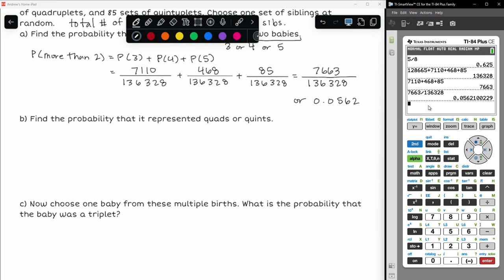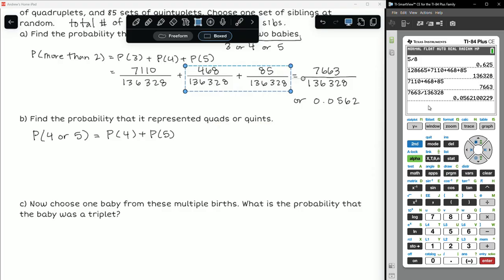Okay, next one says find the probability that represented quads or quints. So P(4 or 5). So using our addition rule, that's going to be P4 plus P5. And then I have to consider overlap. I'm either a quad or a quint. Those are mutually exclusive, so I don't have to worry about the overlap at the end of my equation. And we already did those fractions.